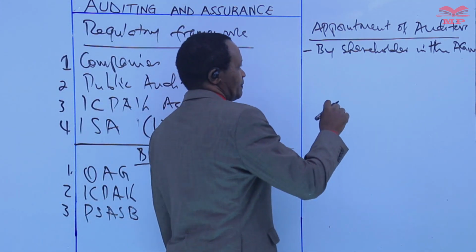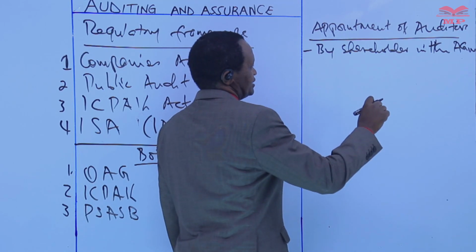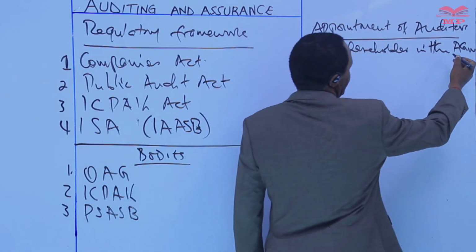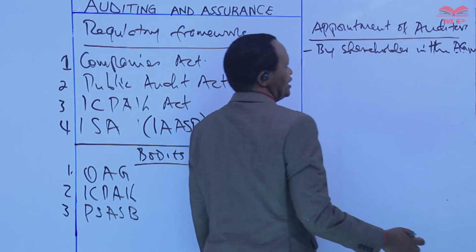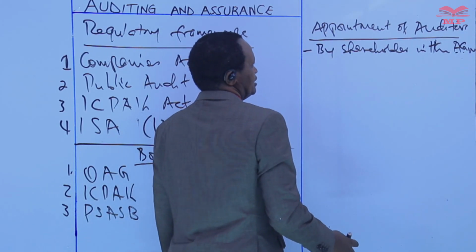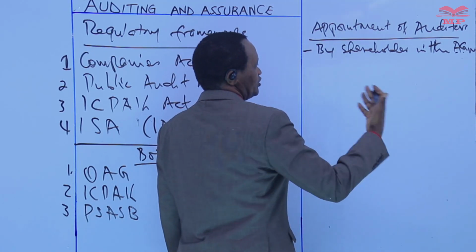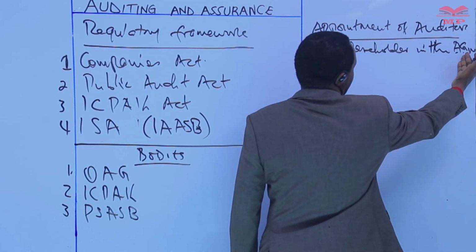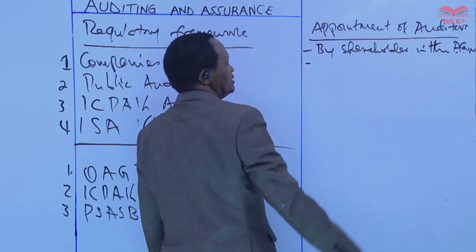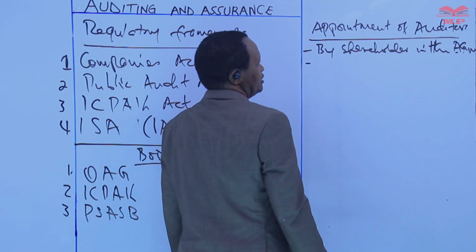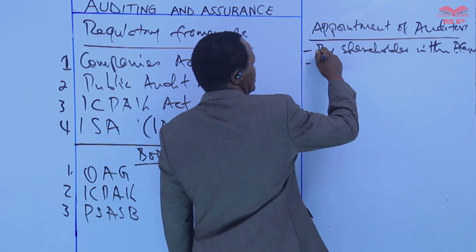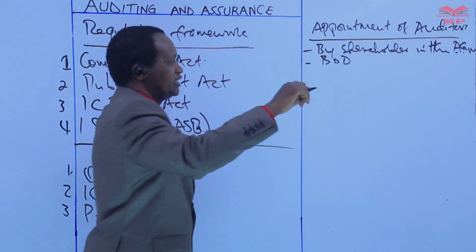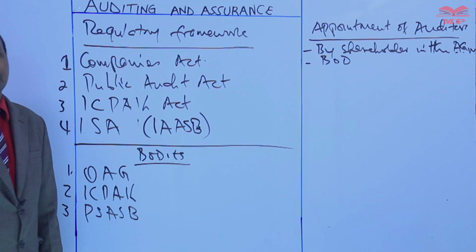In case an auditor resigns between accounting periods, because annual general meetings are held once in the accounting period, but an auditor may resign before an AGM is held, the Act allows the board of directors to appoint the external auditor.